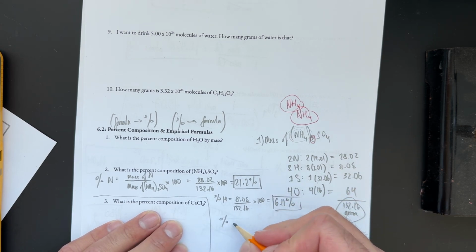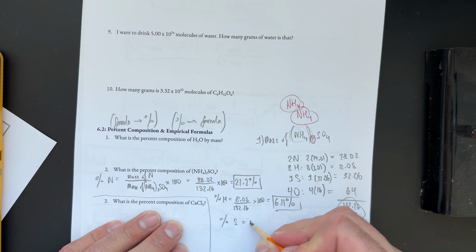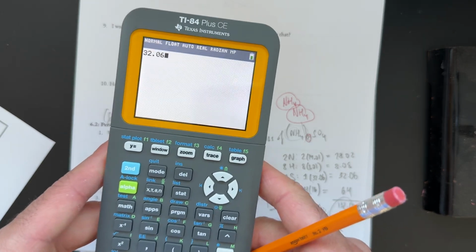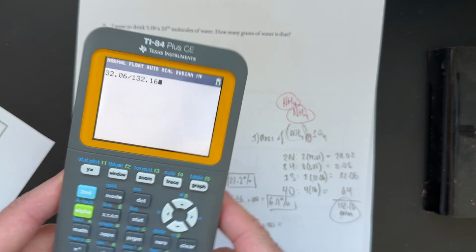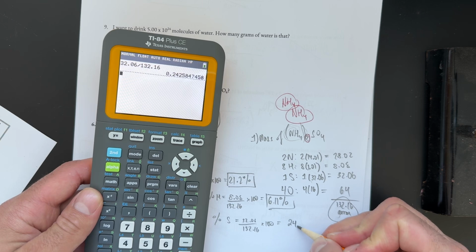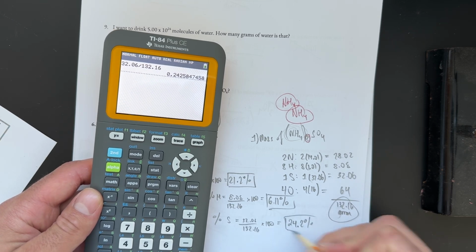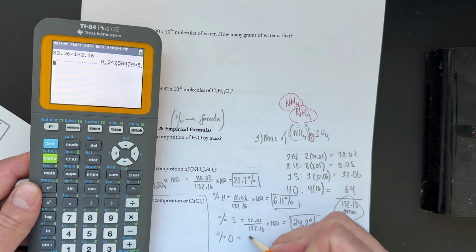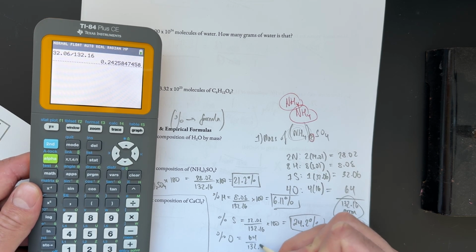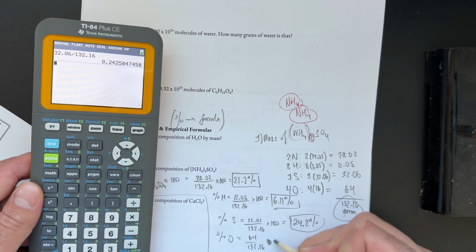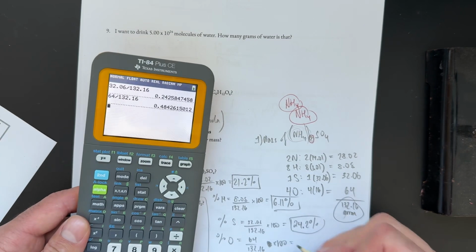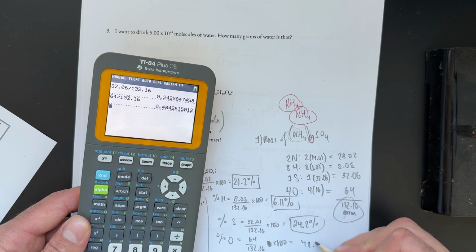And then the percent sulfur is going to be 32.06 over 132.16, all that times 100. So 32.06 divided by 132.16 is going to be 24.2%. And then the percent oxygen is going to be 64 divided by 132.16, all that times 100. That is going to be 48.4%.